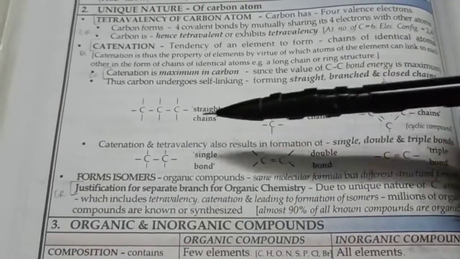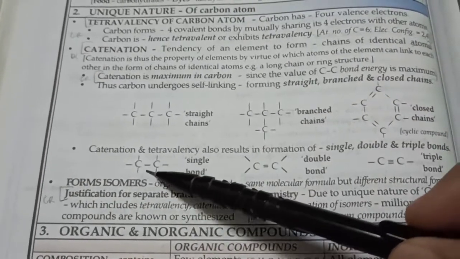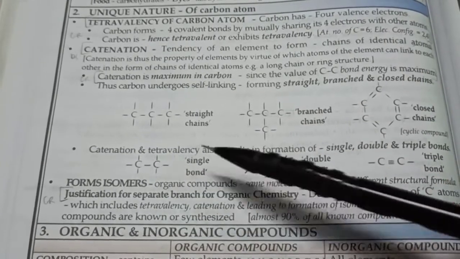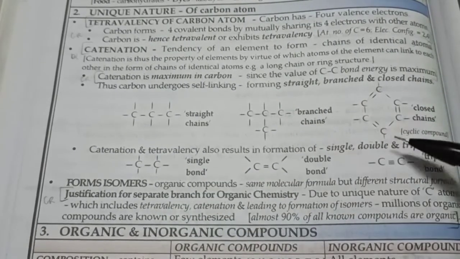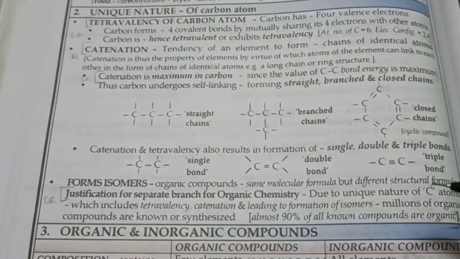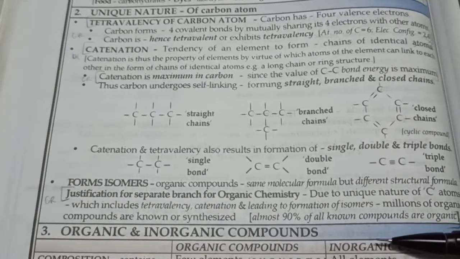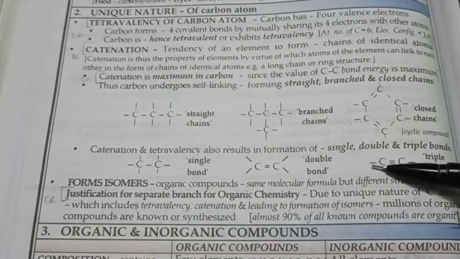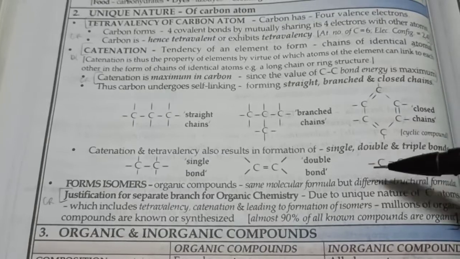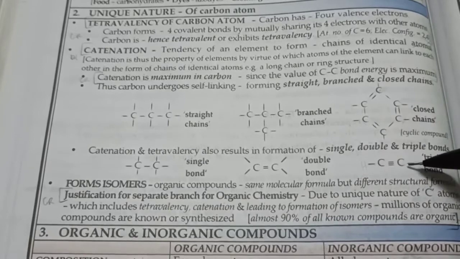Because of catenation and tetravalency, we can have either a carbon-carbon single bond, or a carbon-carbon double bond, or even a carbon-carbon triple bond. A quadruple bond is not possible between 2 carbon atoms. This dash or hyphen simply means that we have one more bond left, because the 4 valencies of carbon have to be satisfied. So probably there is a hydrogen out here and a hydrogen out here.